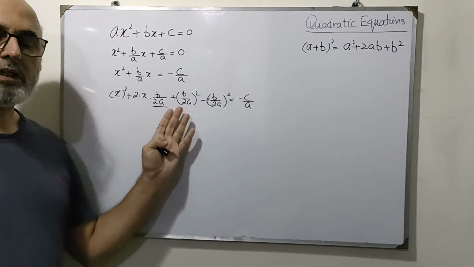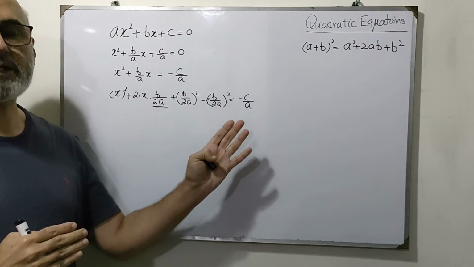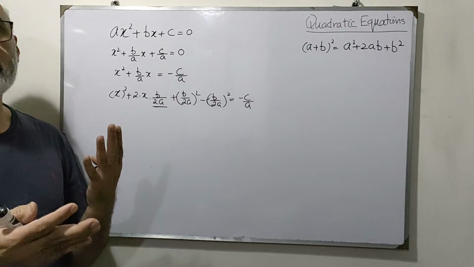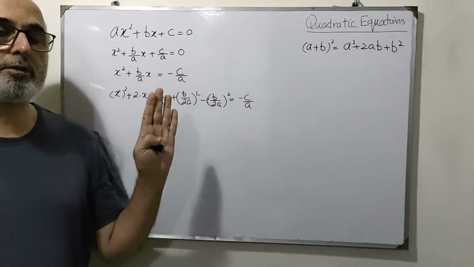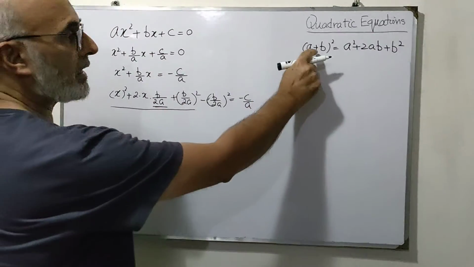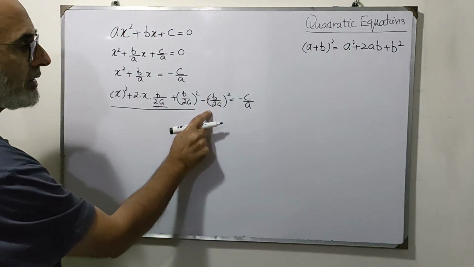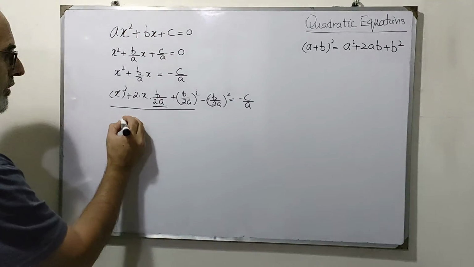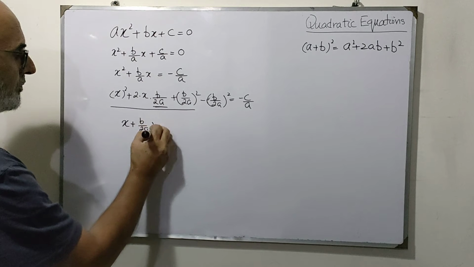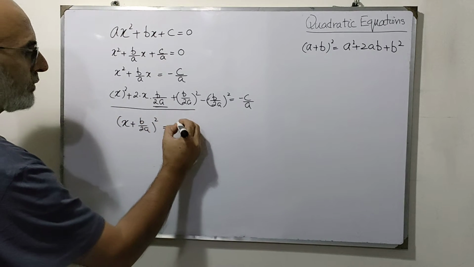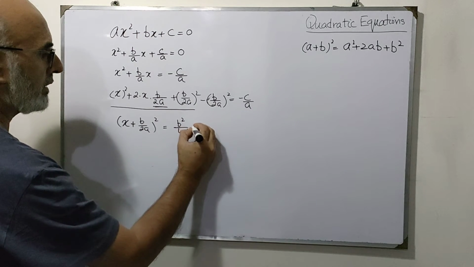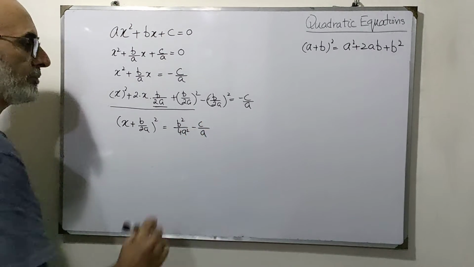If you add something and you subtract that same thing as well, it's not making any change. So this thing becomes this, and I'm going to take this term to the other side. So x plus b over 2a square is equal to b square over 4a square minus c over a.